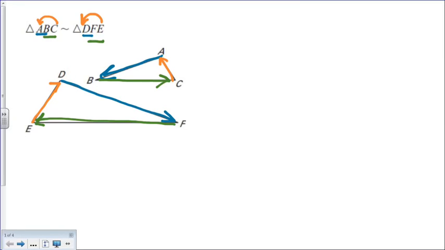So there are statements we can write about this. Now that we know all that, if they're similar, then there's a proportion between AC and DE. We can make a ratio with AC over DE because of the same side.